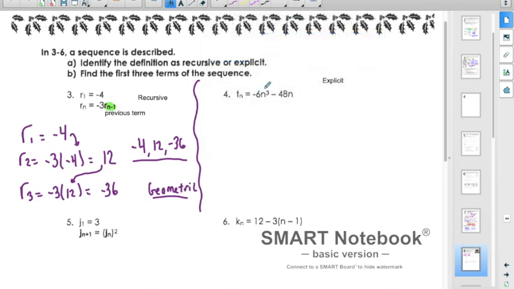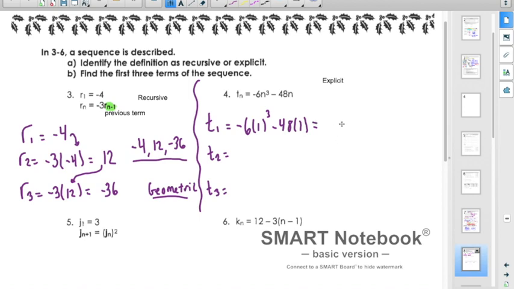This is the same thing as Dino right here, right? This is just like basically evaluating a function. T sub n, well, first I got to find T sub 1, T sub 2, and then T sub 3. So I'm just going to substitute in 1 anywhere I see n. So it's going to be -6 times 1 cubed, minus 48 times 1.